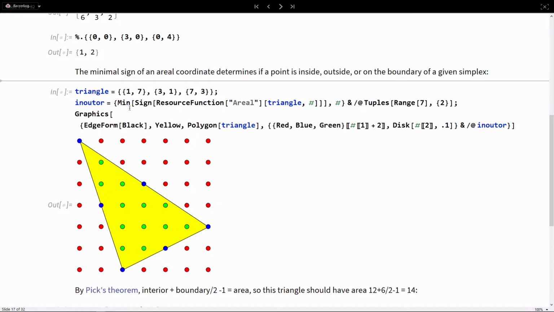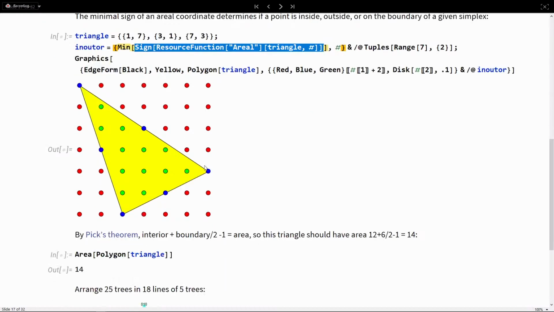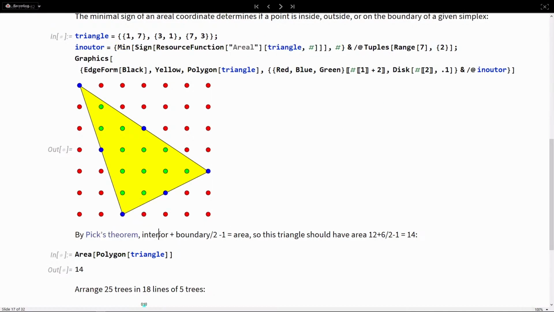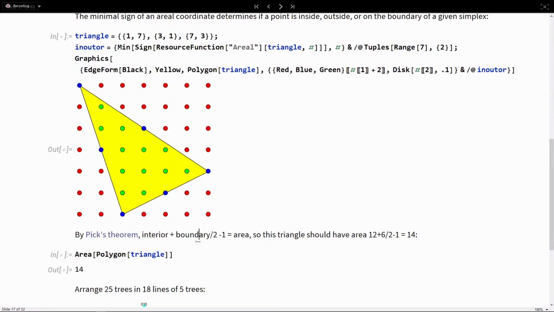Basically all I've done here is looked at the sign of all the various barycentric coordinates or areal coordinates. And this is basically Pick's theorem. If we add up the number of interior points and half the boundary points and subtract 1, you get the area of the triangle. In this case, this triangle has area 14.